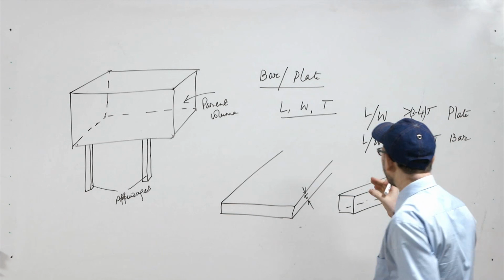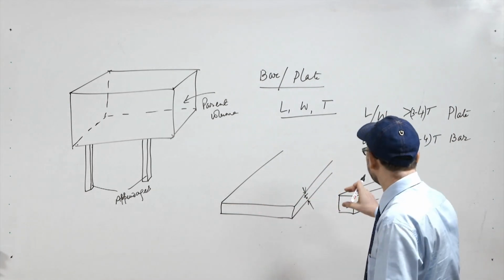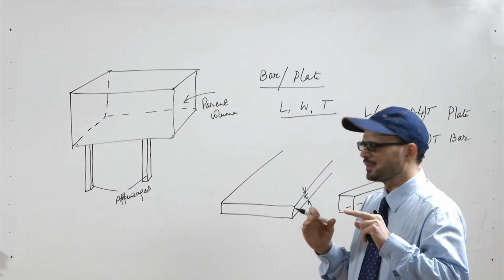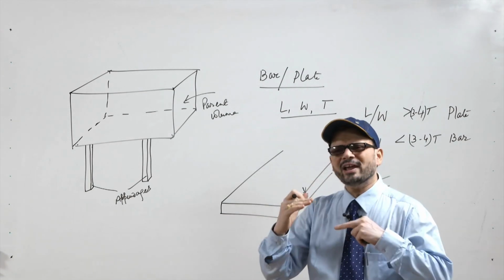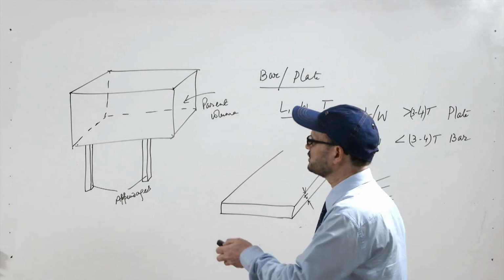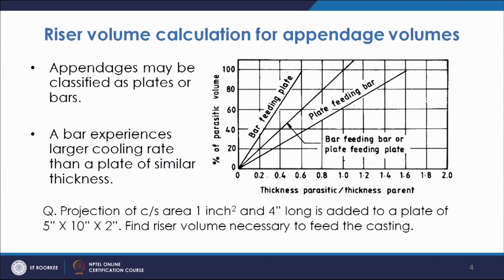So, for the same amount of metal, even with the same thickness, the heat extraction from the plate will be lesser compared to that from the bar. That is why the bar experiences a larger cooling rate.